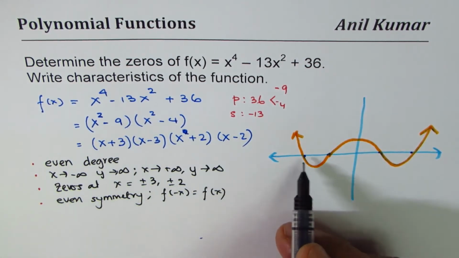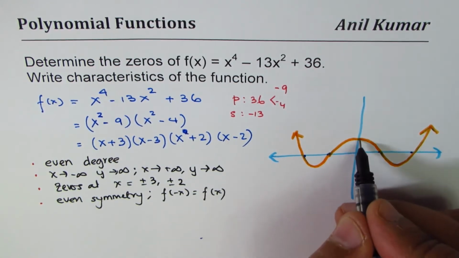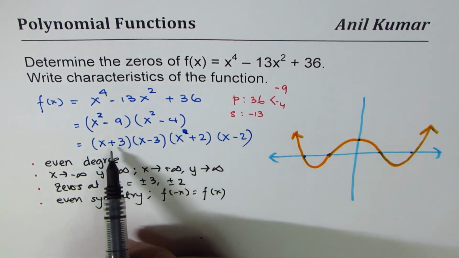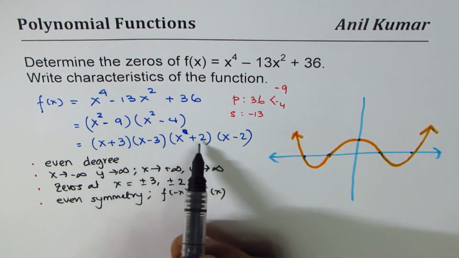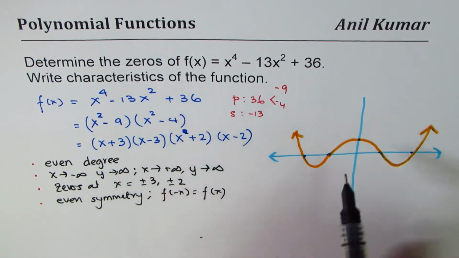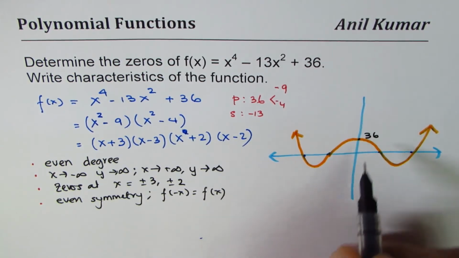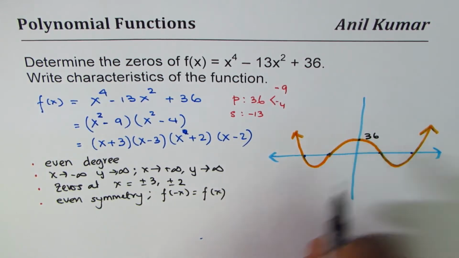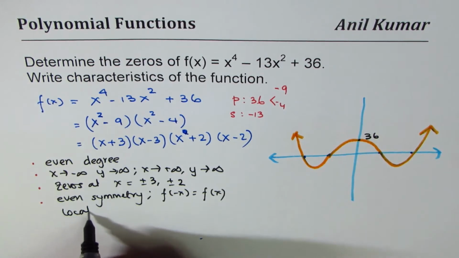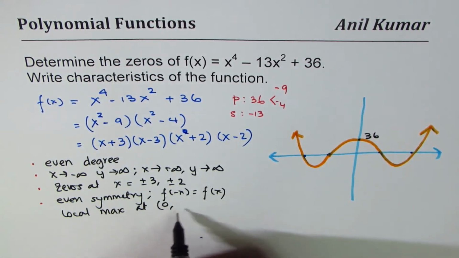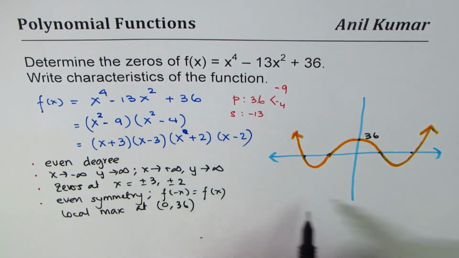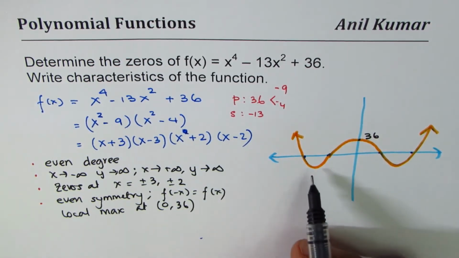Now it has, of course, 4 x-intercepts. The y-intercept will be, when you substitute 0 here, you get 3 times 3 as 9 times 4 as 36, all from this equation. So 36 is your local maximum, right? So we have local maximum at 0, 36, correct?